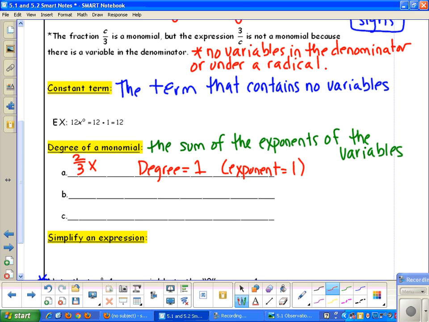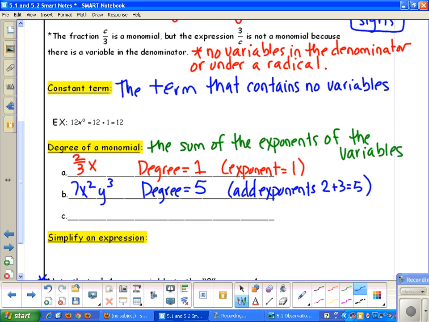So let's say instead I had some more terms, like for instance 7x squared times y to the 3rd. The degree of this would be equal to, well, notice I have two variables and I have two exponents, 2 and 3, so I add the exponents together, so 2 plus 3 is 5, so the degree of this monomial term would be 5, because we add the exponents 2 plus 3.